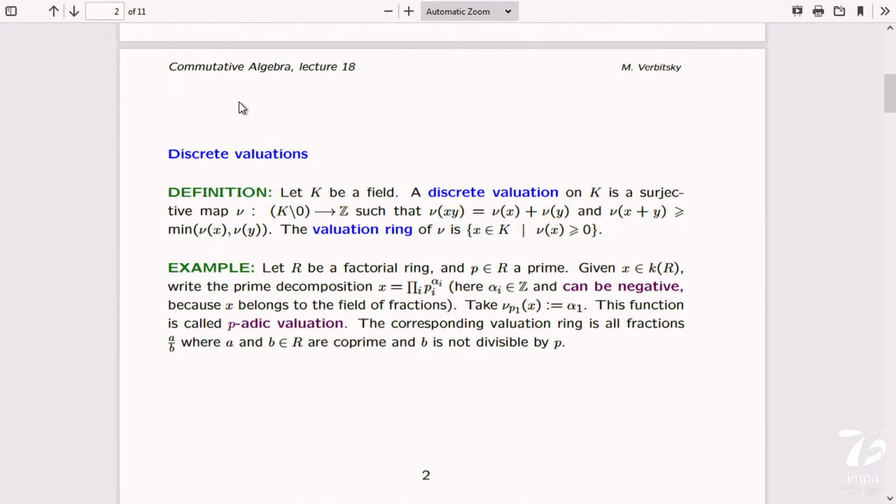I will be talking about discrete valuations and discrete valuation rings. It is a part of commutative algebra and number theory. It's used in both, and in fact, for the geometric part, discrete valuation rings are just rings of germs of functions on smooth one-dimensional complex manifolds.